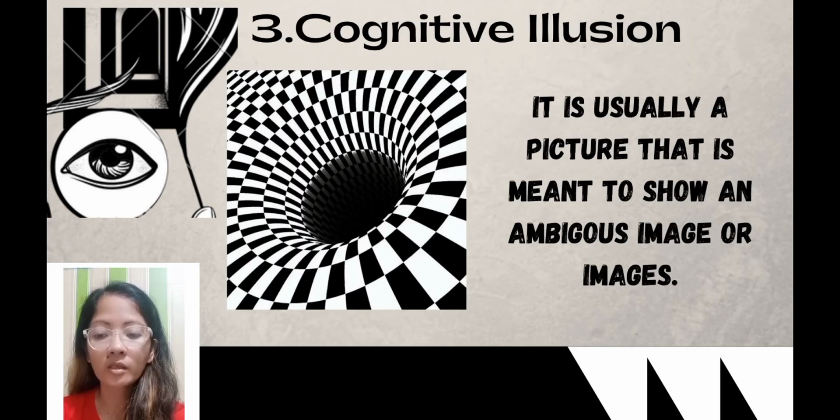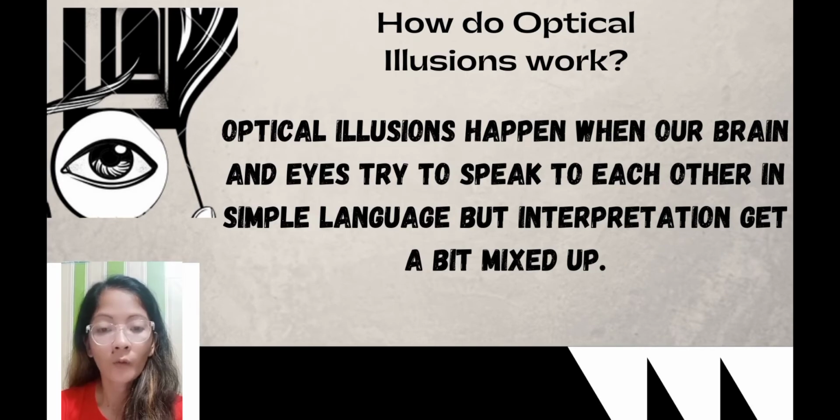So the third one is the cognitive illusion. Cognitive illusion is usually a picture that is meant to show an ambiguous image or images. These images can be meant to confuse the senses, to require the mind to refocus attention to see both images. These kinds of illusions are categorized as ambiguous, distorting, or paradox illusions.